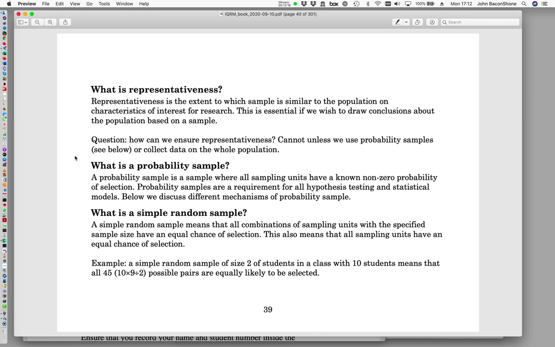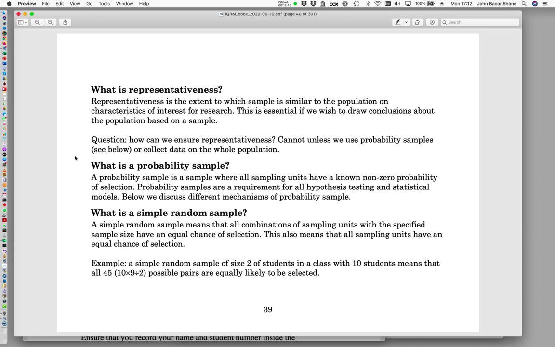So we would overrepresent elderly people and underrepresent young people, particularly children, if we sampled in that way without making any adjustment. So if we know the chance of selection, we can make an adjustment for the fact that the chances are not equal. So probability samples are an implicit requirement for all the hypothesis testing and statistical models we're going to use later on.